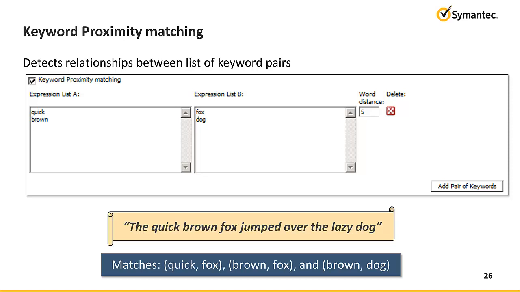As an additional illustration, suppose the phrase, "The quick brown fox jumped over the lazy dog," is specified in the Match Any Keyword field, and keyword proximity matching is configured as shown in this figure. Because expression list A contains the words quick and brown, and list B contains the words fox and dog, and the word distance has been set to 5, the following matches are made: quick and fox, brown and fox, and brown and dog.